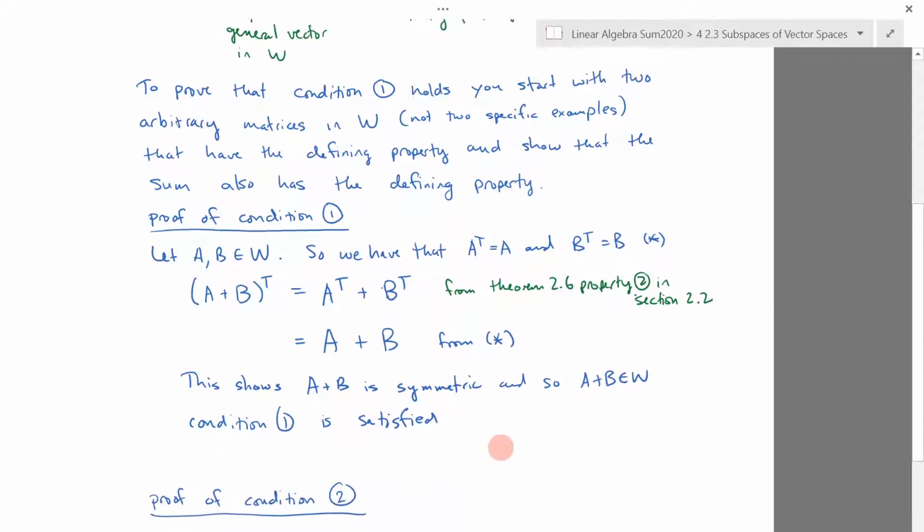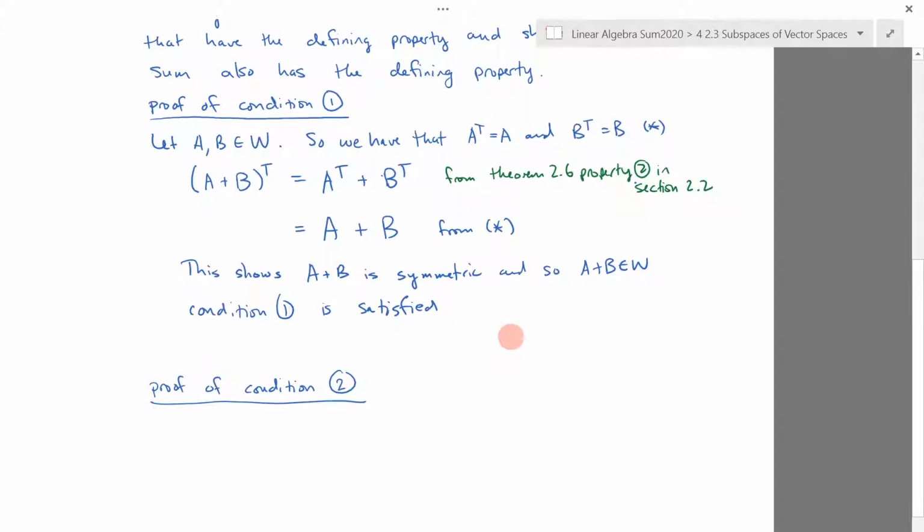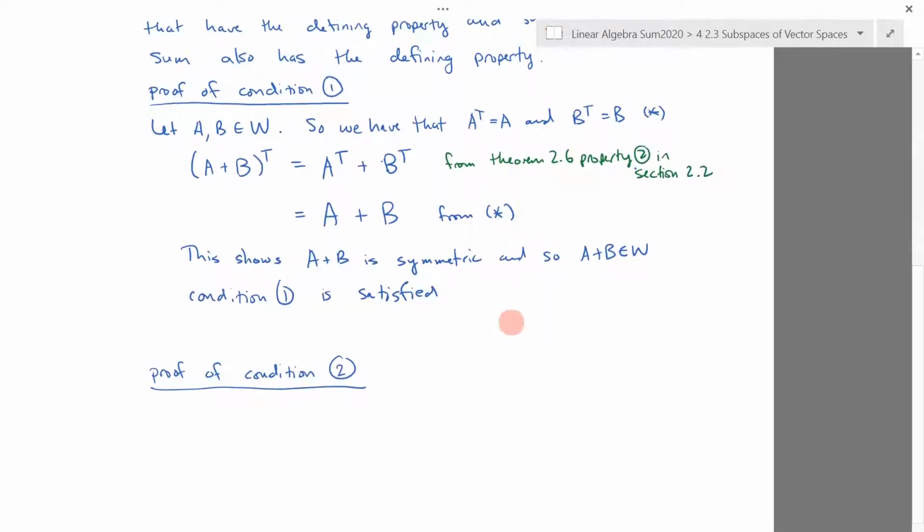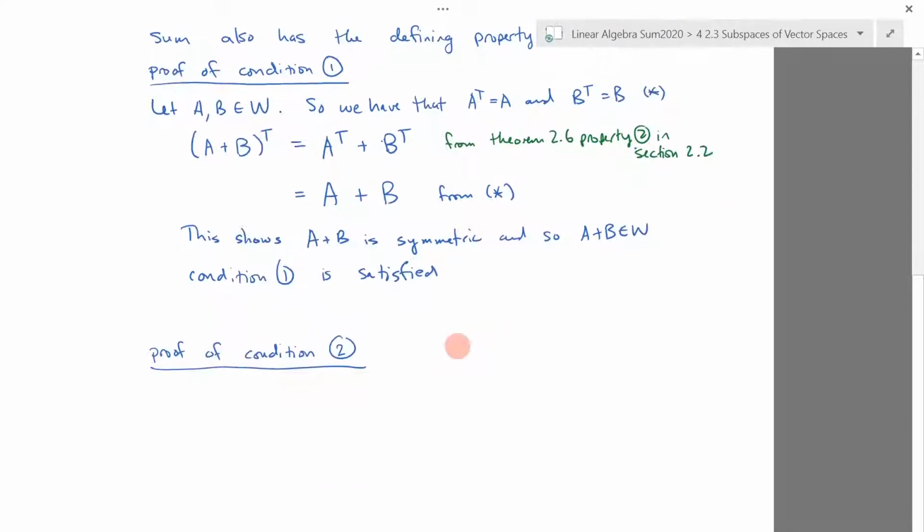Okay, so now let's check condition 2. It follows a similar procedure. For condition 2, it's scalar multiplication, so we need a scalar. A scalar in this case is just any real number, and we need any generic matrix, so let's call it A again.